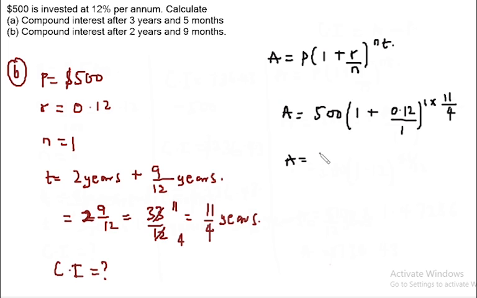If you sum up everything in the brackets, this is 1.12 to the power of 11 over 4.